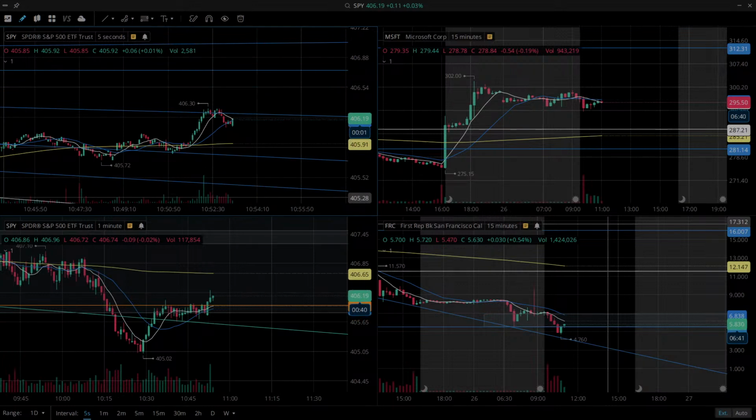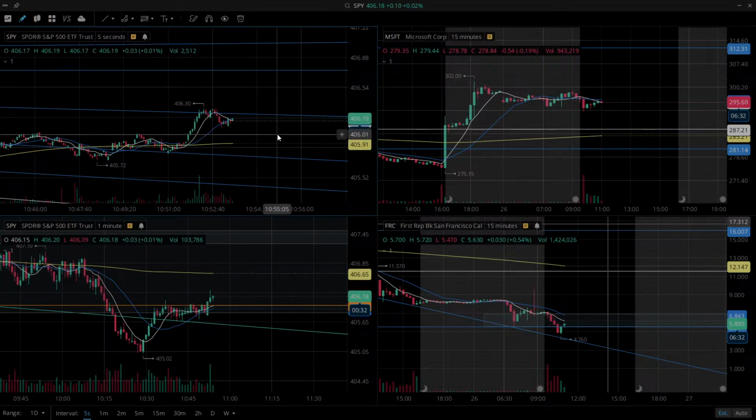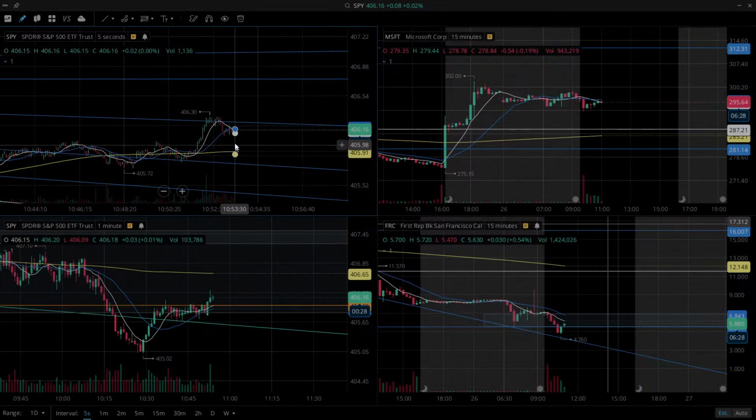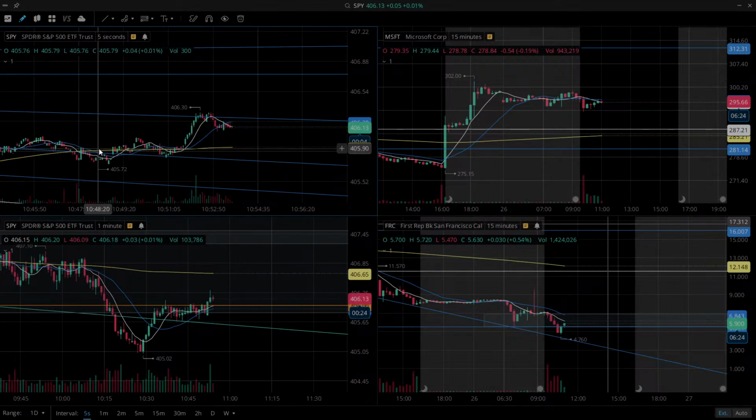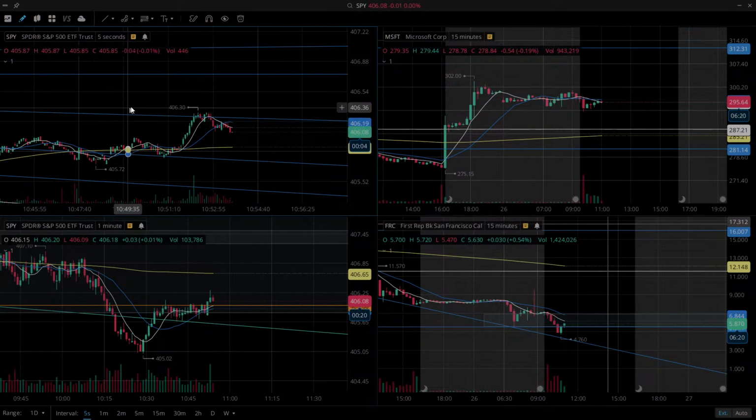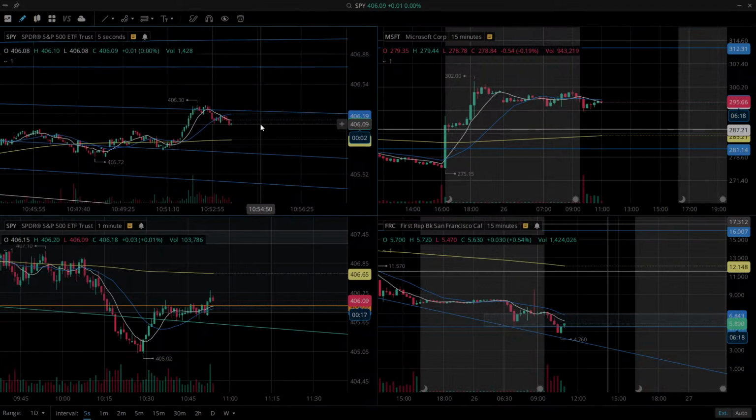So the way I see it, I know not everybody's trading the same way, so I'm just trying to provide a variety where I can cater to the options crowd as well as the futures crowd, and charting SPY on a 5-second gives me the ability to do both.